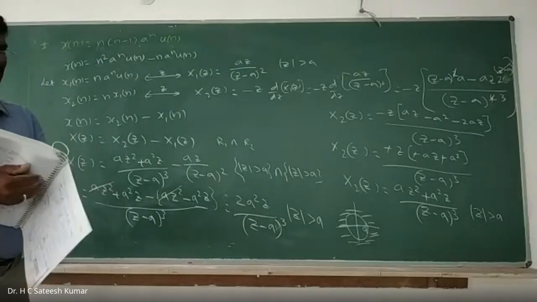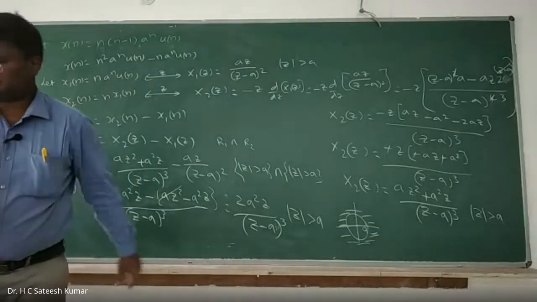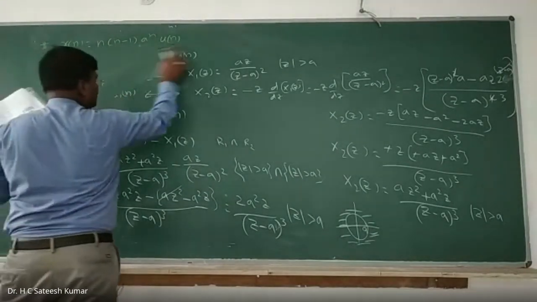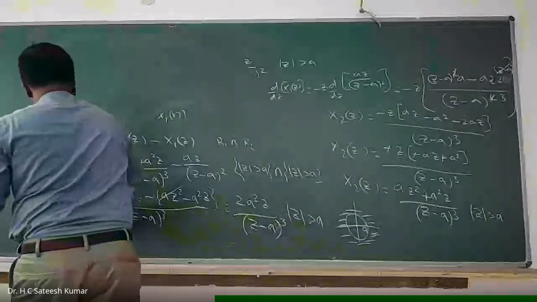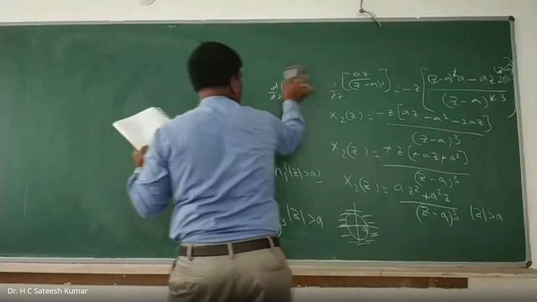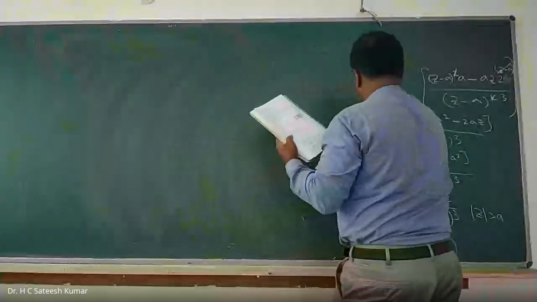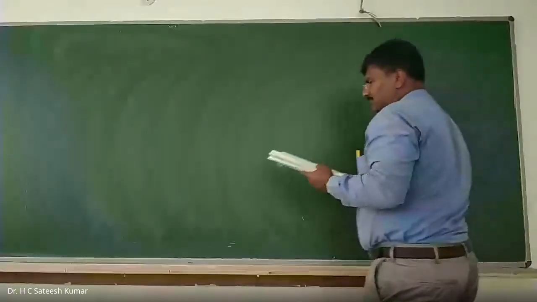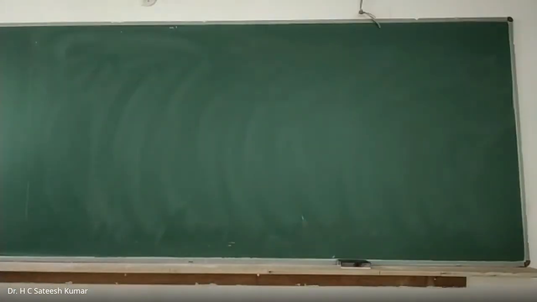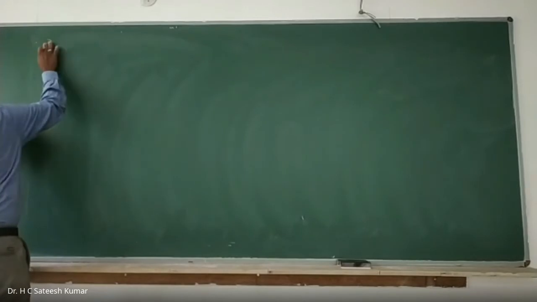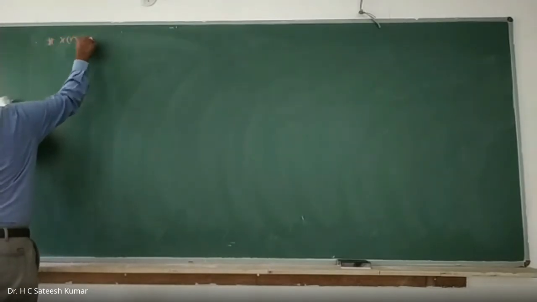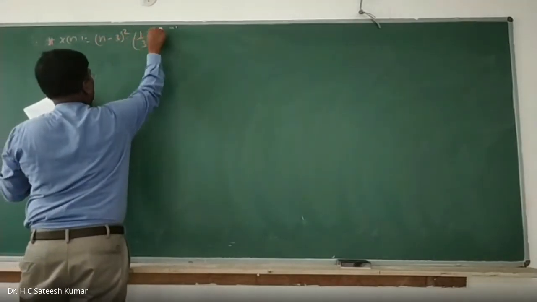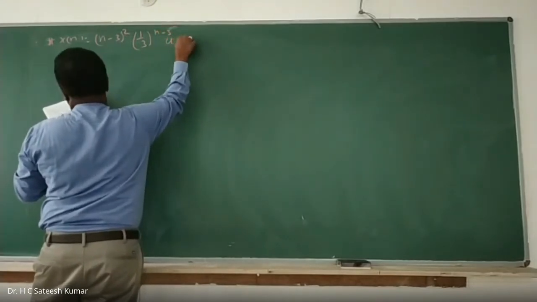So one more problem we have. Find the Z transformation of x of n is equal to n minus 3 whole square into 1 by 3 whole to the power of n minus 3 into u of n minus 3.